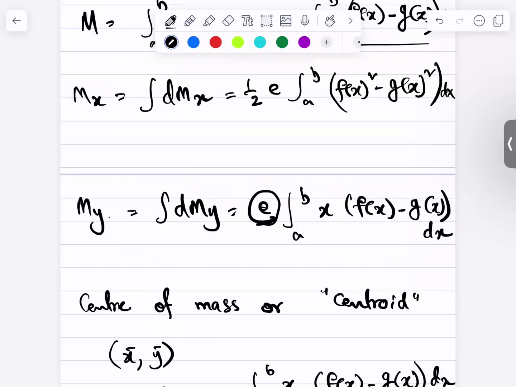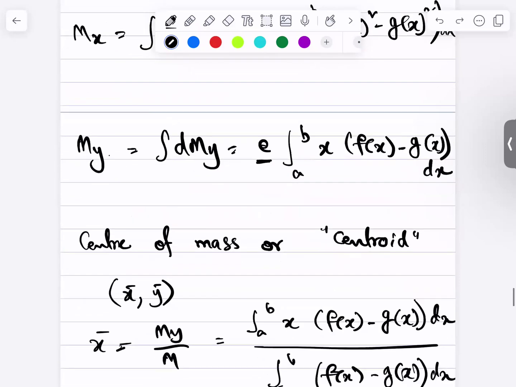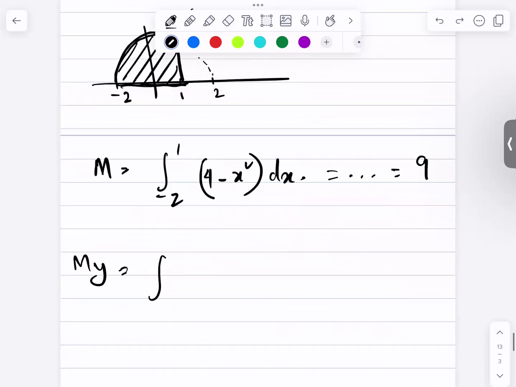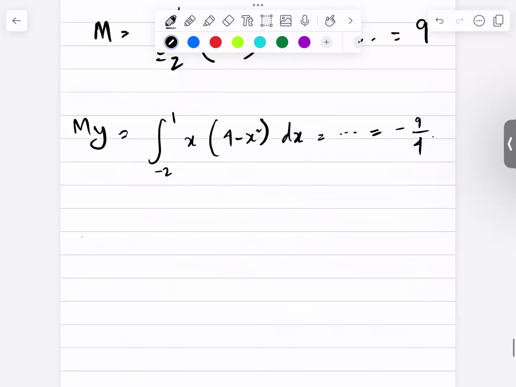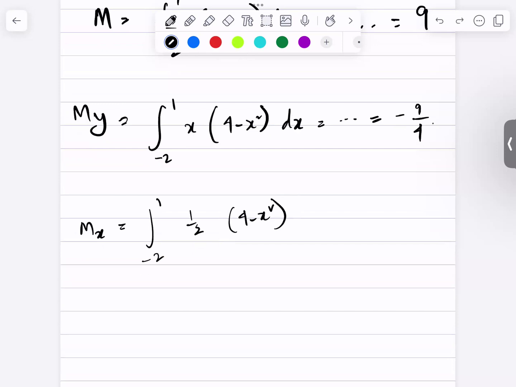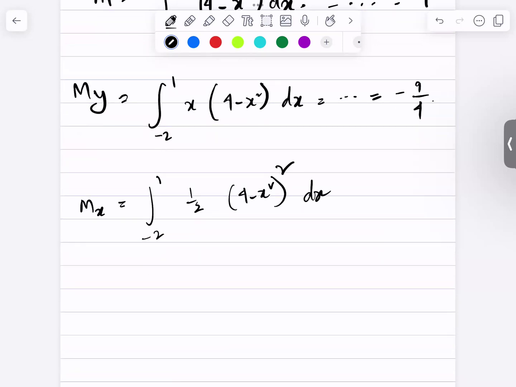Okay, so this is x times f(x) minus g(x) dx. Again, it should be from -2 to 1, x times f(x) is this, g(x) is 0, so it doesn't appear there. So this is that, and then if you calculate this, you'll get -9/4. And if you calculate Mx, the same kind of calculation from -2 to 1, half times 4 minus x squared, whole squared, dx.